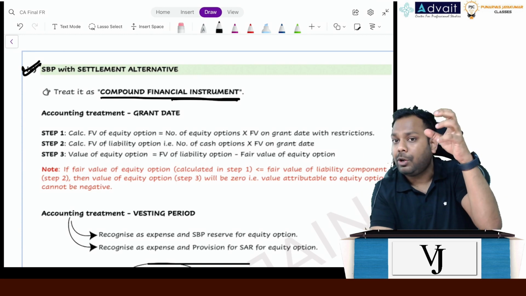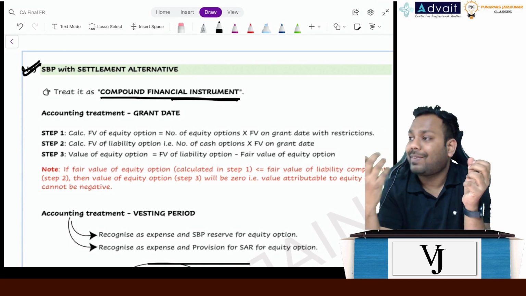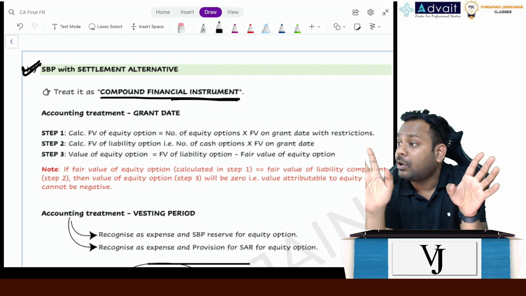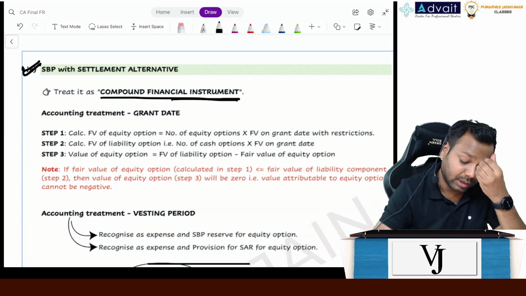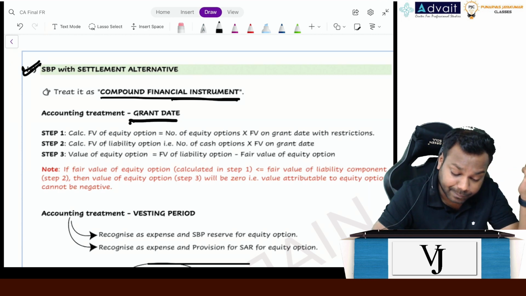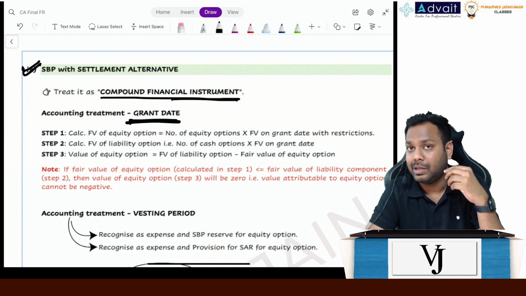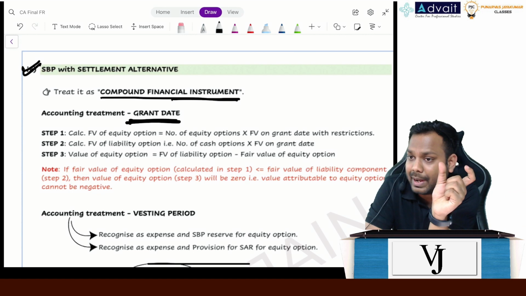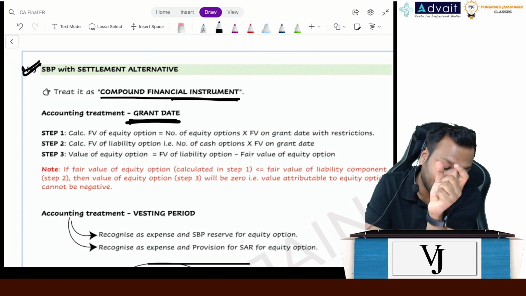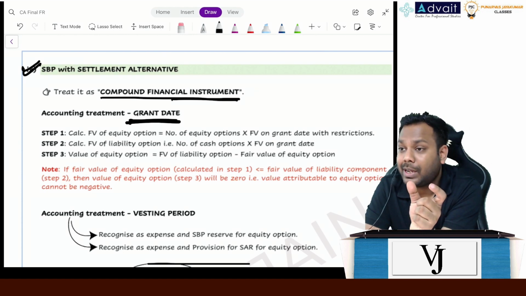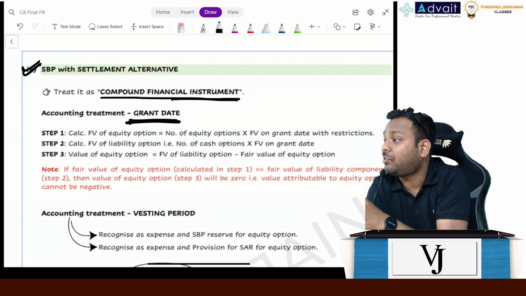If the value of equity option is lower than the value of cash settled, the equity will become 0 but not negative. Clear everyone? Okay. So the accounting treatment on the grant date. Understand, this split of equity and liability always happens on the grant date, whether it's a SBP with settlement alternative or a compound financial instrument itself.